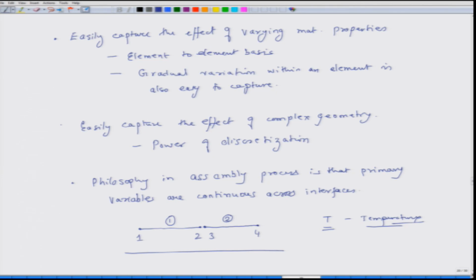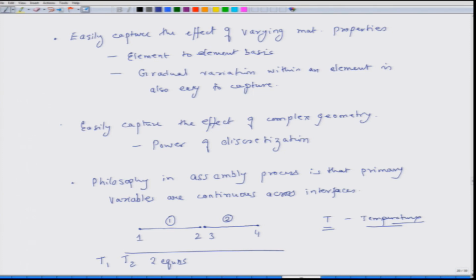But coming back, let us assume that we will develop each element as a linear element. So, I have two nodes for each of these elements and I develop two equations. So, for element 1, I develop two equations and these equations will be for temperature T1 and T2, right.